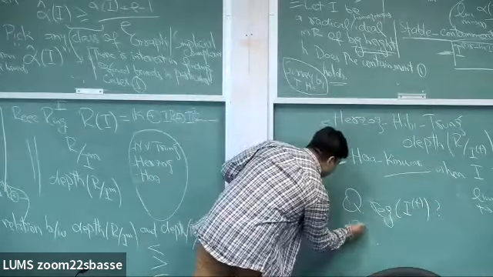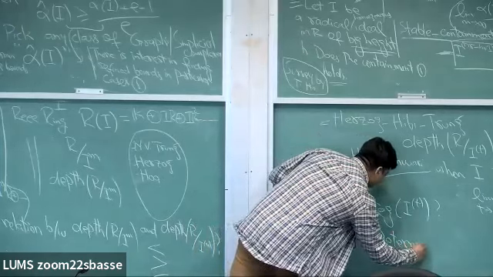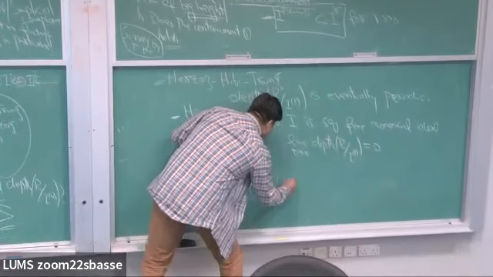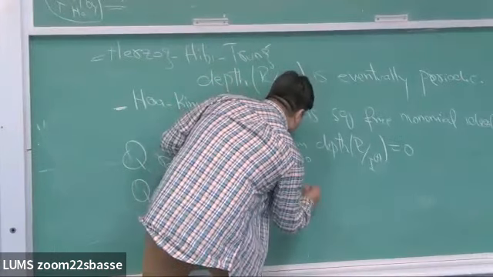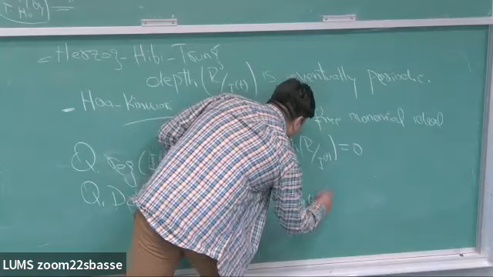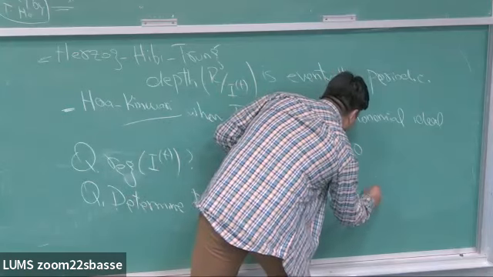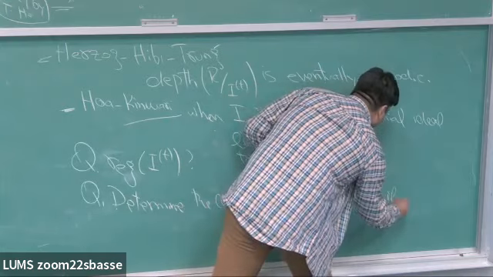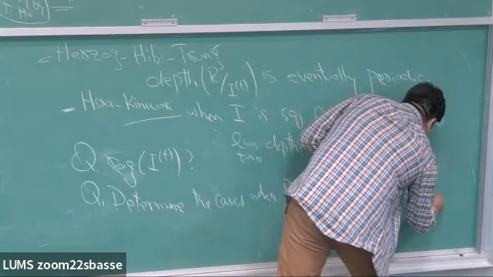And again, determine the cases when R/I^t is periodic if I is not a monomial ideal.